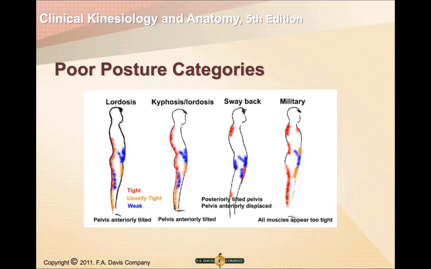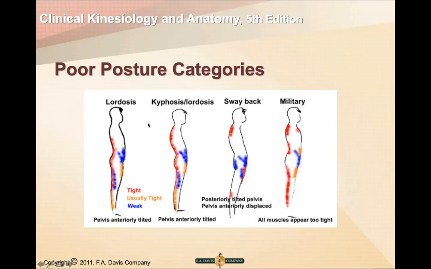Okay. I do like this slide a little bit, but there are some problems I have with it. This picture just shows you what muscles tend to be working more, and what's tighter and what's weaker during certain postures.